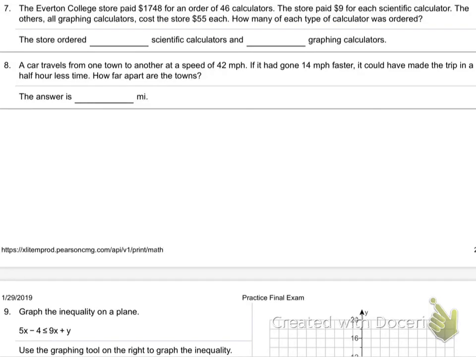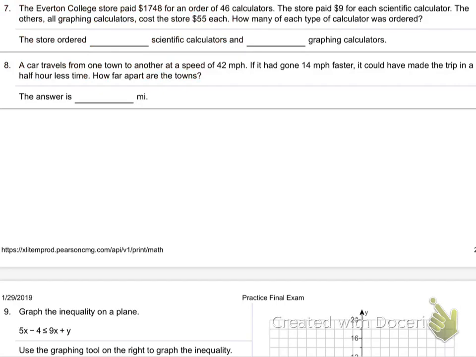Okay, so number 7 here. They're saying Everton College paid $17.48 for 46 calculators, $9 for scientific, 55 for the graphing. How many of each? All right, so you got the key facts there. Let me write down the key facts.